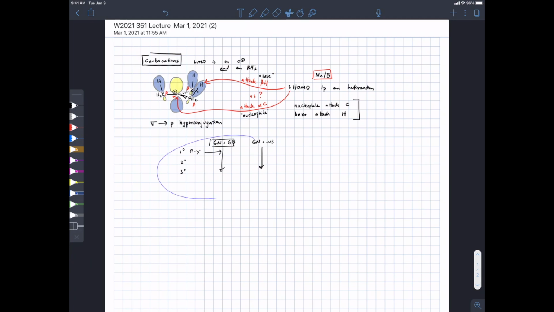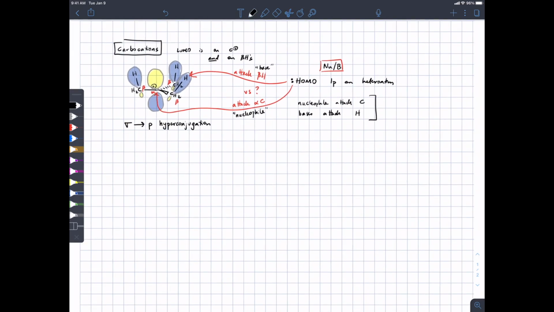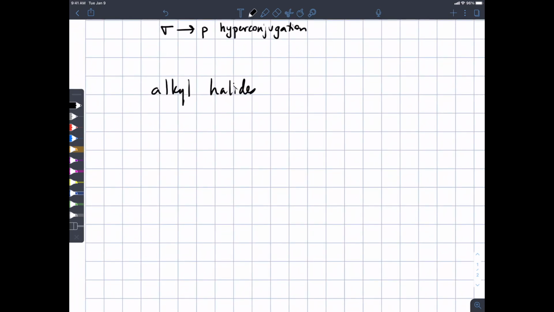Okay, so the issue with a delocalized LUMO is also true for alkyl halides. To see this, we're going to take a very simple example of, say, a secondary alkyl halide. Let's put a bromine here.